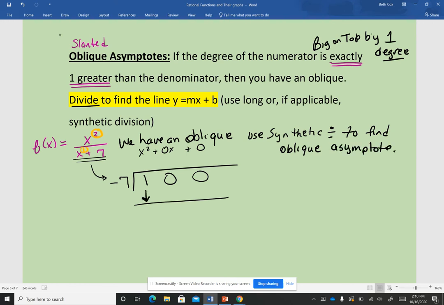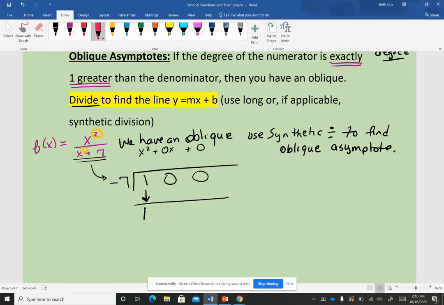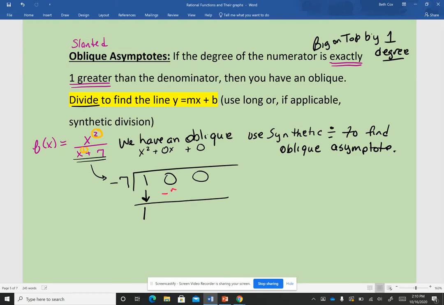Okay, so here we go. So -7 times 1 is -7. 0 plus -7 is -7. -7 times -7 is 49, and 0 plus 49 is 49. Okay, so now if you remember, this guy right here is our remainder. We don't need him.